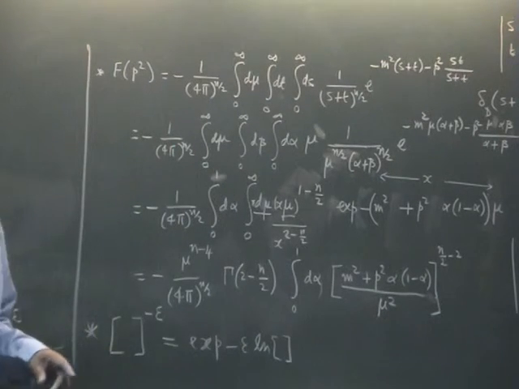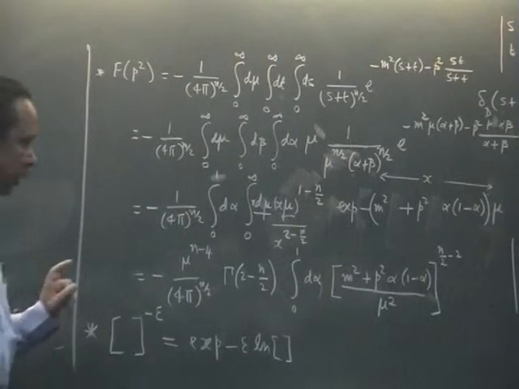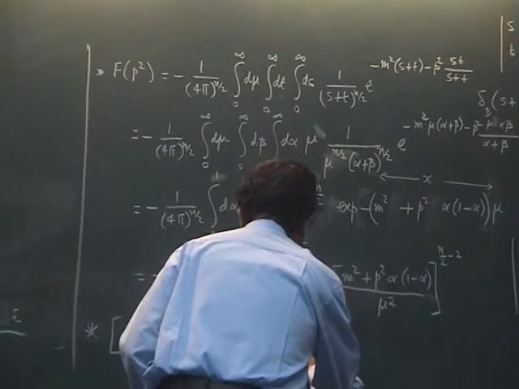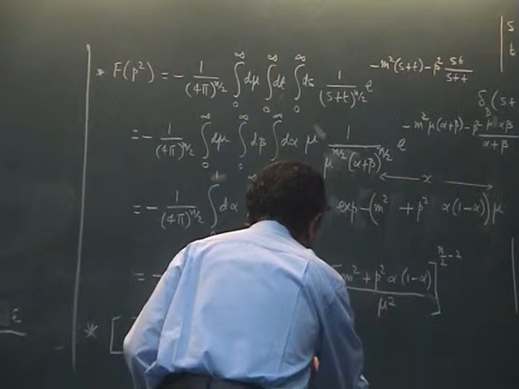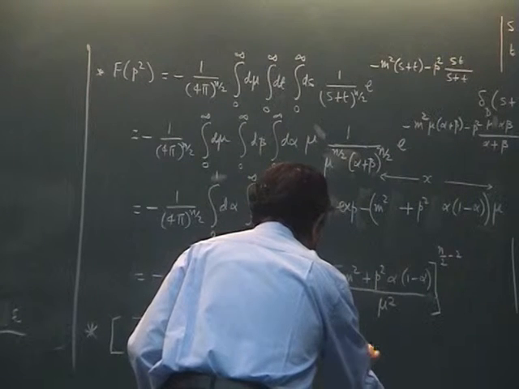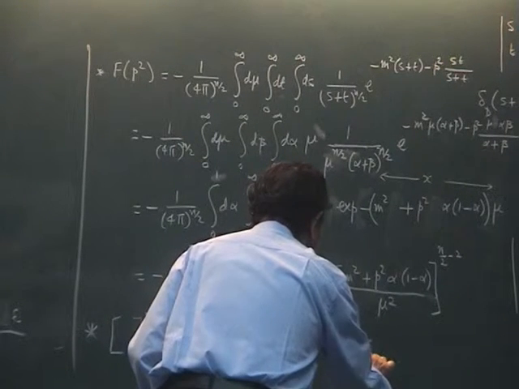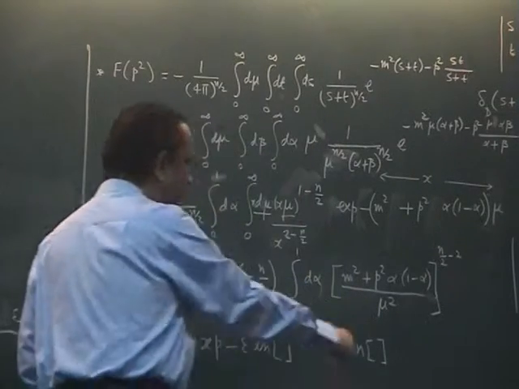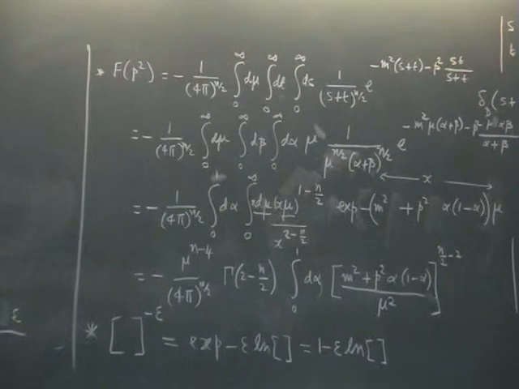And we are interested in the limit of epsilon going to 0. So now you can do a Taylor series expansion. So this is 1 minus epsilon log that bracket expression. We only need up to leading order. Okay.